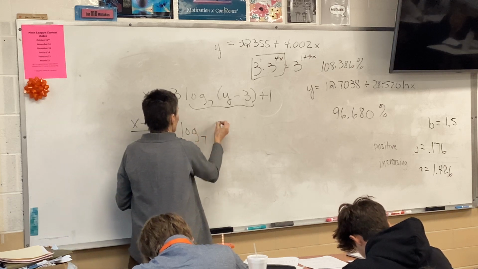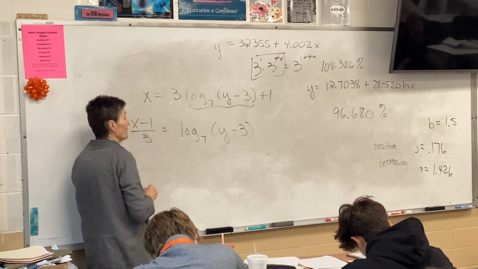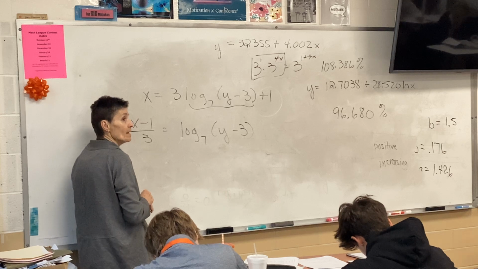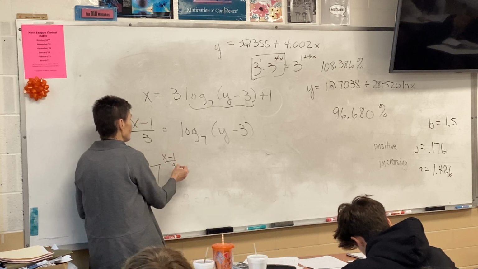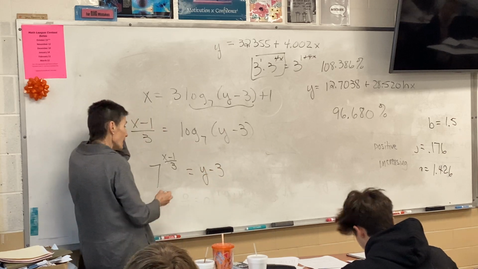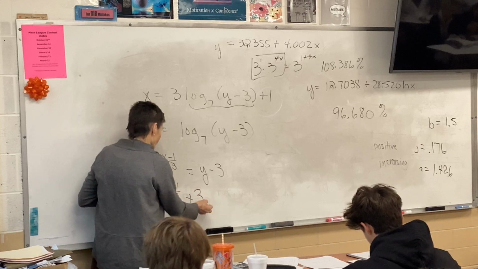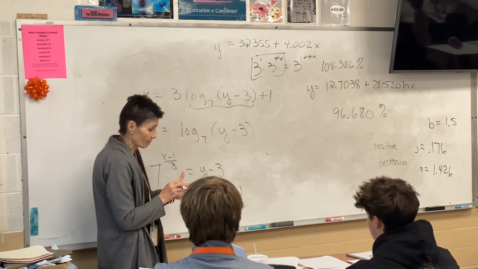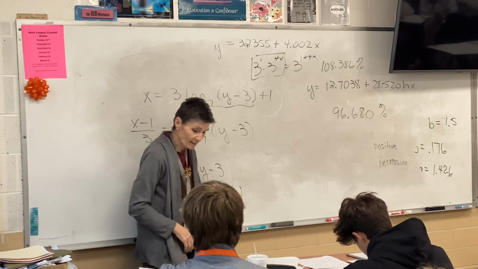In that order, guys, that's the way we solve equations. So we're going to subtract the 1 and divide by 3. And then loop-de-loo it. So 7 to the x minus 1 over 3 equals y minus 3. And add 3. So 7 to the x minus 1 over 3 plus 3 equals f inverse. Yep. I told you we could get that done. That was just a minute.